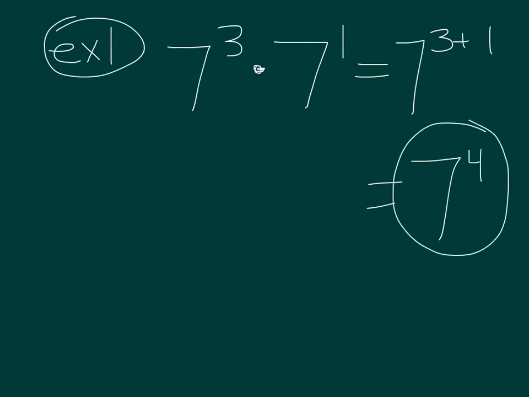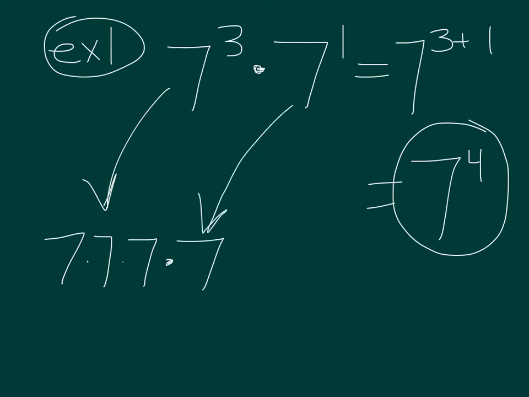And that is your answer. But just so you understand where that comes from, 7 to the third power is 7 times 7 times 7, and you're also multiplying by another 7. So that gives you 7 times 7 times 7 times 7, which is 7 to the fourth. Pretty simple concept. Let's try example number 2.